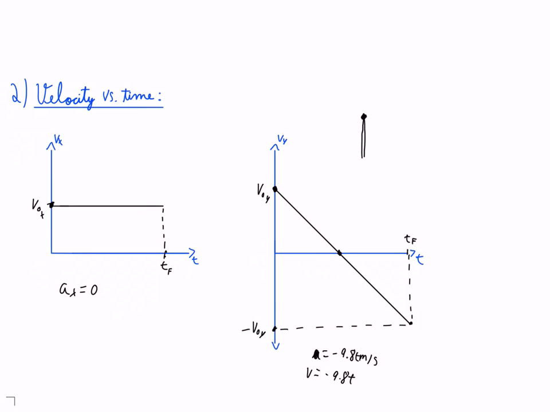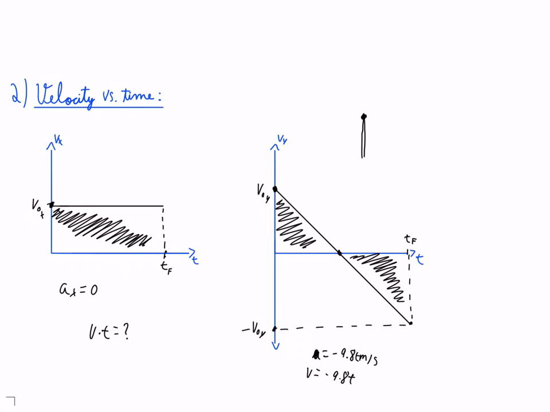Last thing to realize, however, is the area under the graphs. So this area right here, and these areas right here, they mean something. If I had to ask you guys, what is velocity multiplied by time?